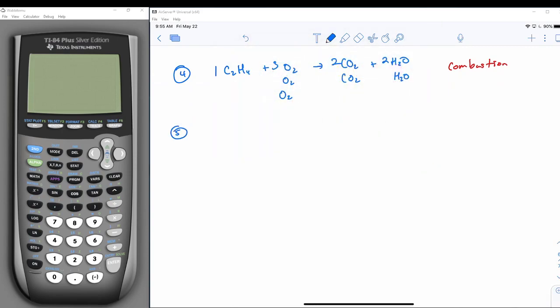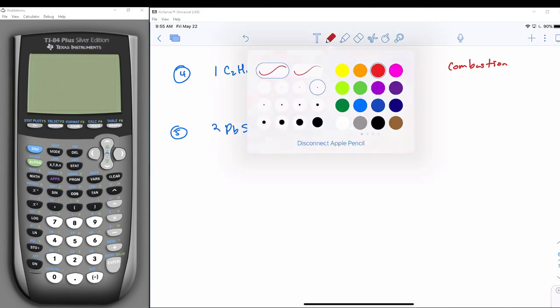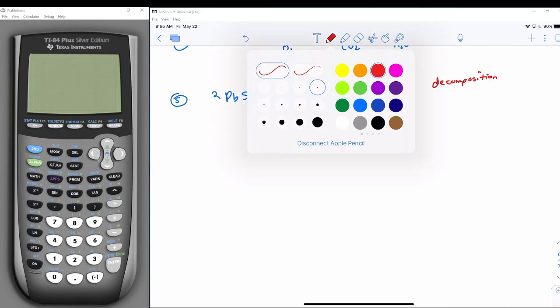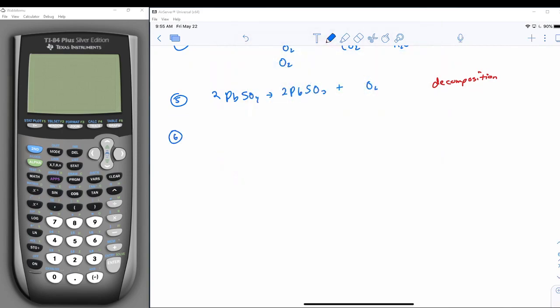Okay. 5, PbSO4 yields PbSO3 plus O2. Balance this. And it is decomposition. 6, H2 plus I2 yields HI.